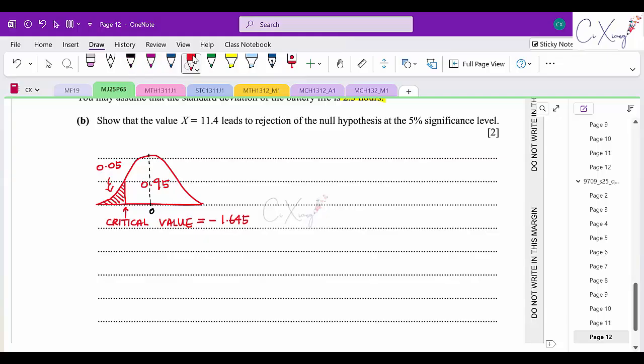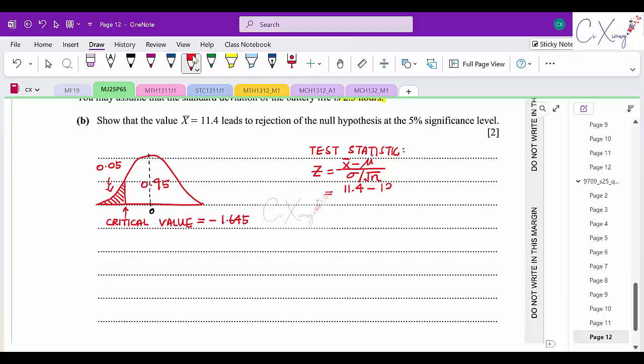After that, I have to find the test statistic. So to calculate the test statistic, what is the formula here? The formula is the sample mean minus the population mean, divided by standard deviation over square root n. What is the sample mean? They have already told you that it is 11.4.